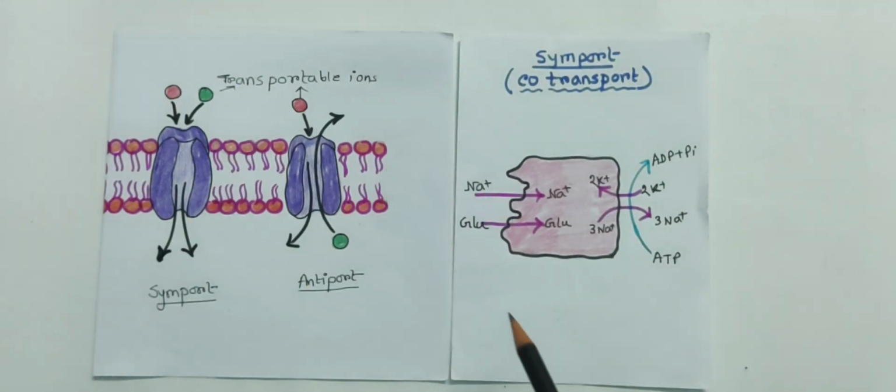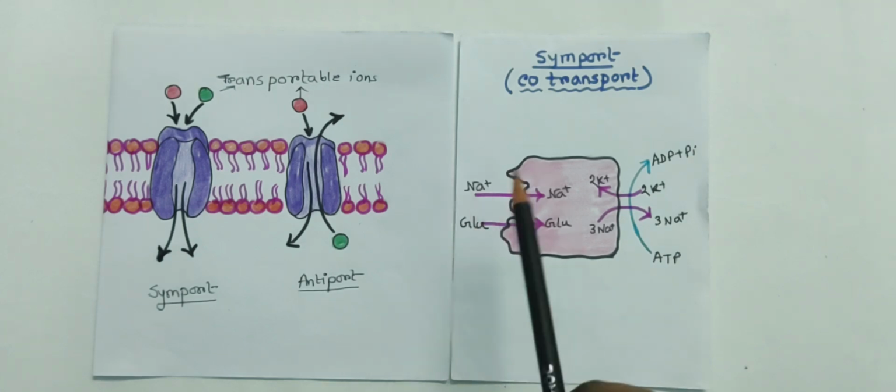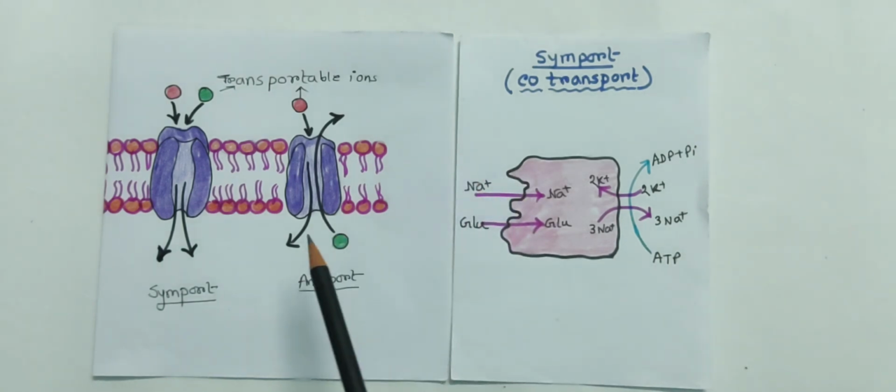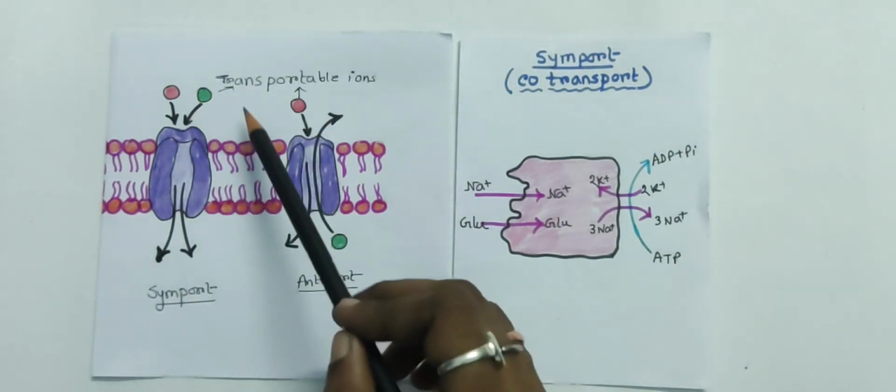Now the second type of active transport, that is the secondary active transport. Here it is of two types. Here the utilization of energy is indirect. These two types are symport and antiport. In case of symport, look at the picture. These are the transportable ions.